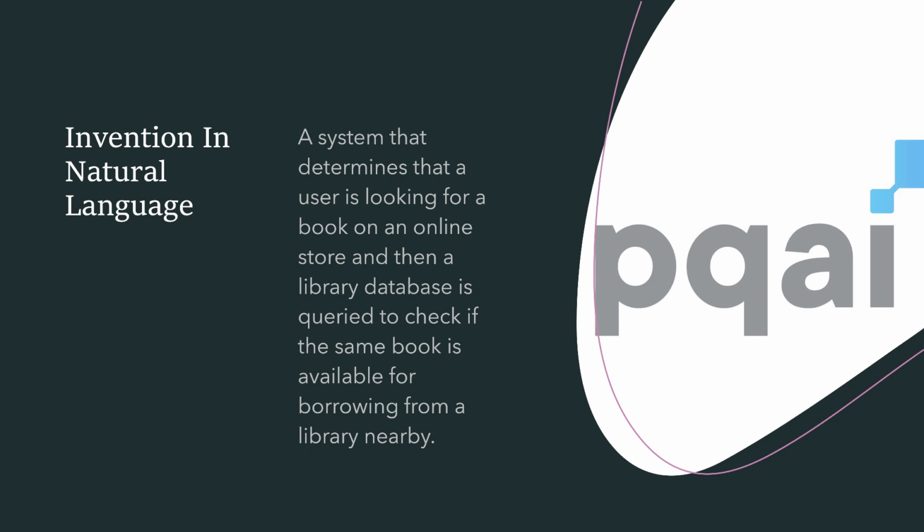So here's the query that I have formulated, and you would see that I have used very plain English to describe it. So a system that determines that a user is looking for a book on an online store, and then a library database is queried to check if the same book is available for borrowing from a library nearby.